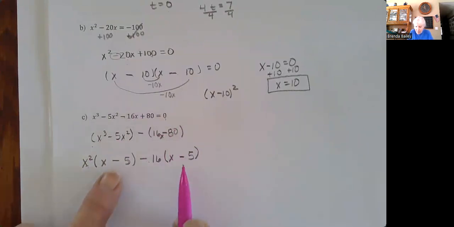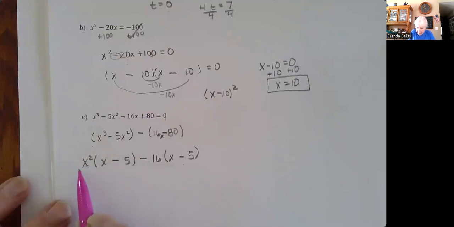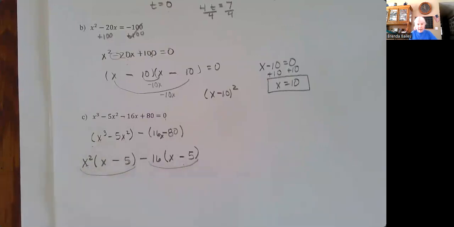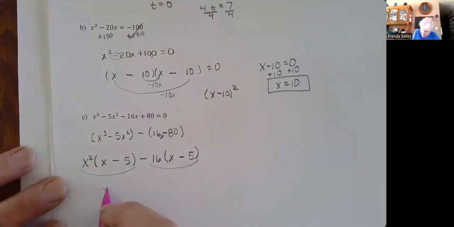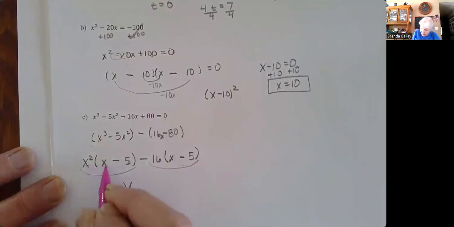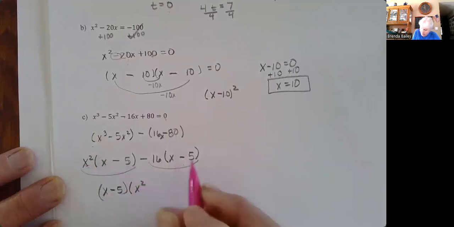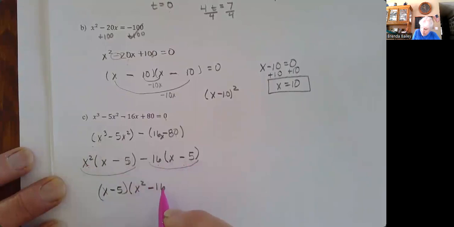Now here, we're going to pull out what's in common between this group and this group. That's an x minus 5. If I take this out of here, I'm just left with an x squared. If I take this out of here, I'm left with just a minus 16. This can be factored.